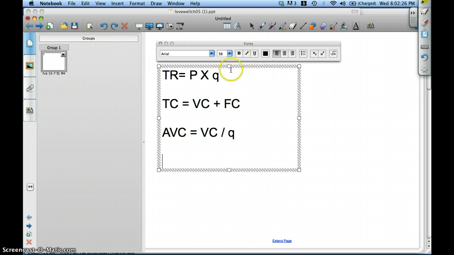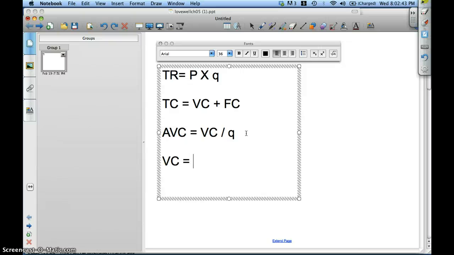So this is our formula for total revenue up here, and the formula for variable costs: variable costs equals average variable costs times quantity. As long as variable costs do not exceed total revenue, the company should stay in business. If the variable costs exceed total revenue, the company should shut down.